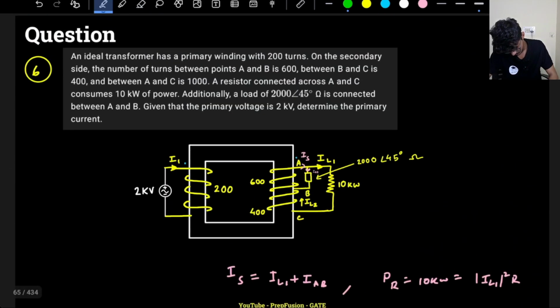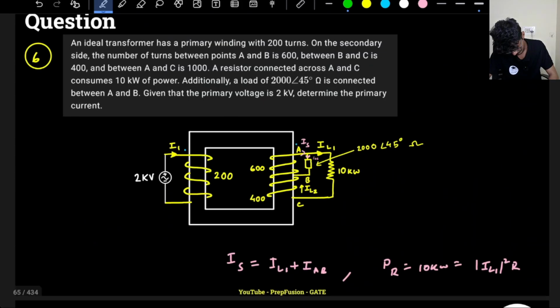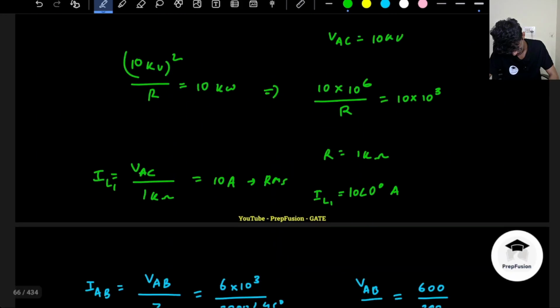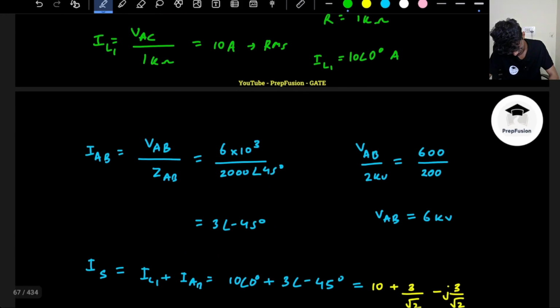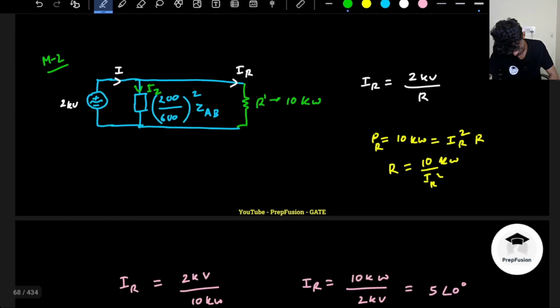Because if this has larger terms, then I1 will be larger. Yes. So if I convert everything to this side, this will be some R dash value, but the power will not get changed. Power will be constant, 10 kilowatt. So I'm just trying to think what am I doing wrong here. Somewhere I'm doing something wrong.